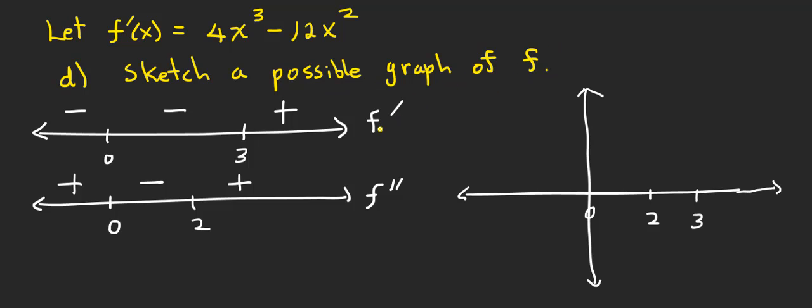So in order to do that, we need to go back to the f prime chart and f double prime chart, which we got earlier. So let's look at it from negative infinity to 0. What's happening? f is decreasing and concave up. So something like this.